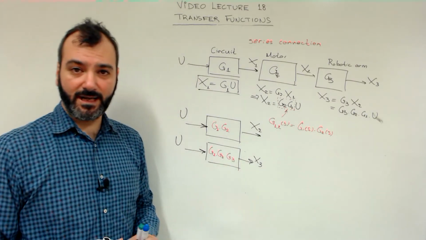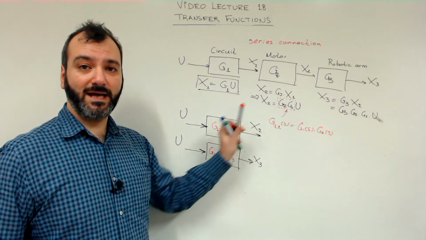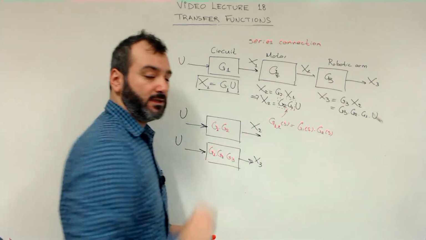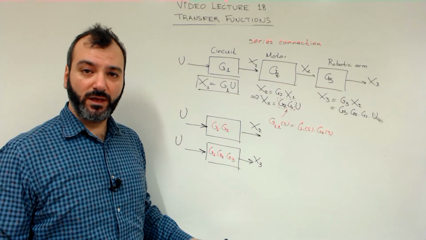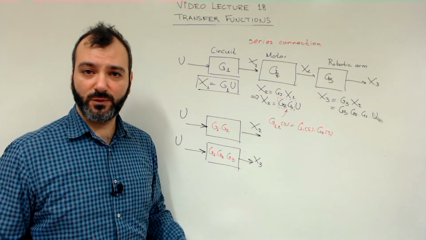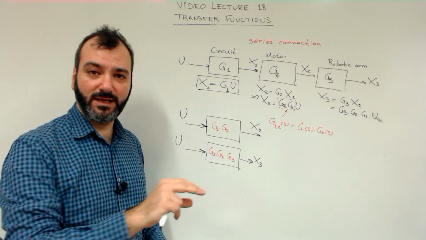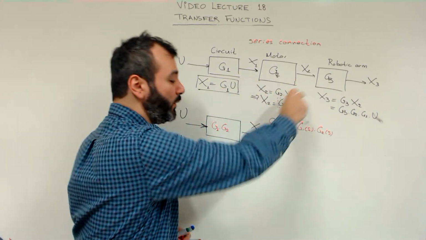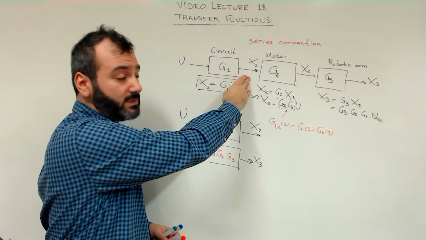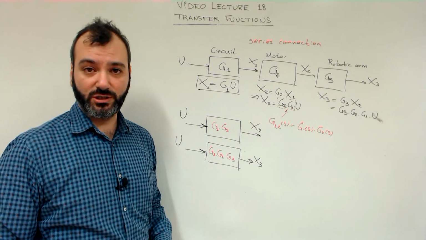And I will say it again, this is a very neat and elegant way of studying dynamical systems because it allows us to model systems individually. We can take laws of physics or chemistry, of circuits and so on, and derive these different dynamical systems, and then we can compose them like that if the output of one system is the input to another system, which is very common in engineering.